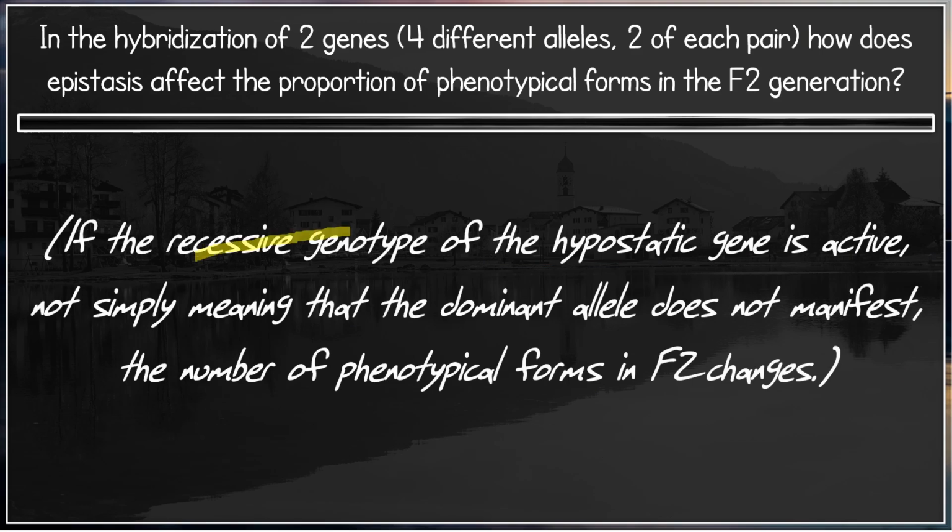If the recessive genotype of the hypostatic gene is active, not simply meaning that the dominant allele does not manifest, the number of phenotypic forms in the F2 changes.